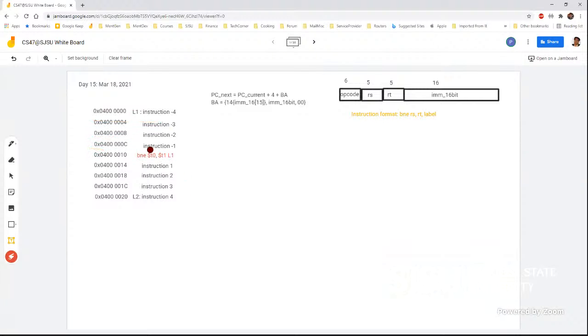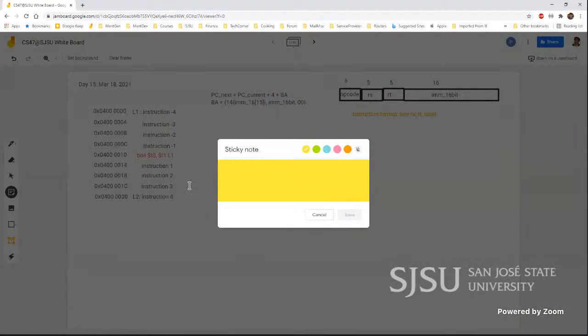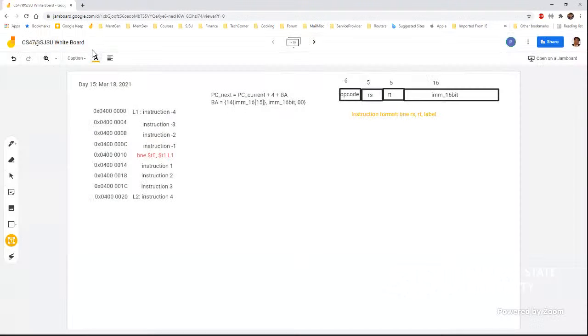Now the question becomes, how do I construct the machine code for this instruction involving this label L1? First of all, we know the L1 address, and that means my PC next is going to be that address, 0x04000000.